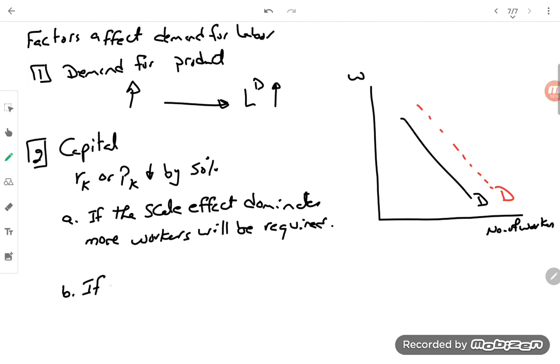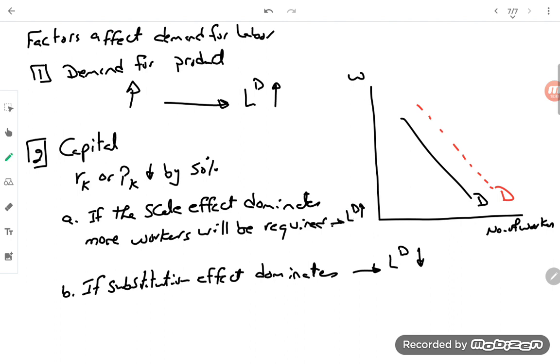If the substitution effect dominates, the firm is going to substitute capital for labor as capital is cheaper. So in this case, demand for labor is going to decrease, and the demand curve will shift to the left.